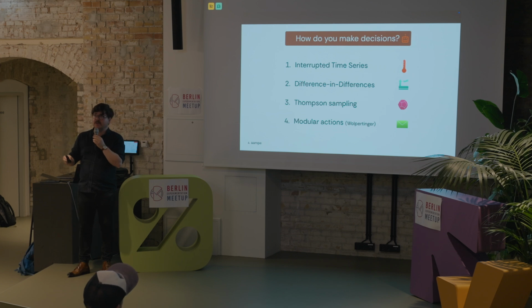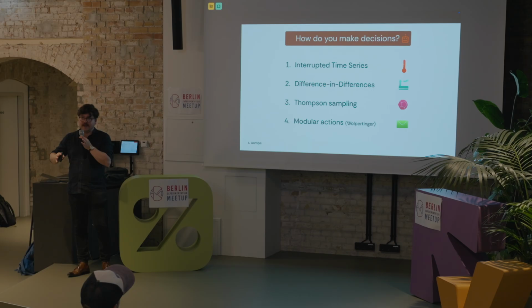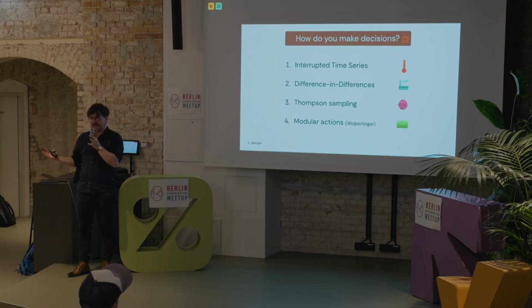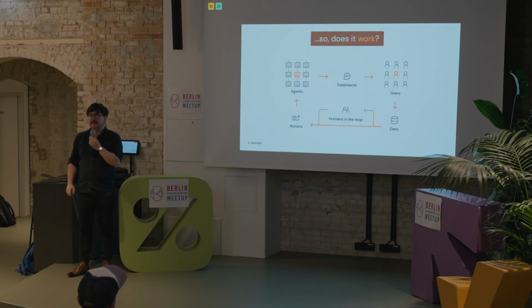This has something to do with the Wolpertinger architecture in reinforcement learning. That might sound very weird to you. It might ring a bell for a couple of people. I decided to add it in the slide. And so, having all of these things together leads to an agent that can harmoniously make these decisions.